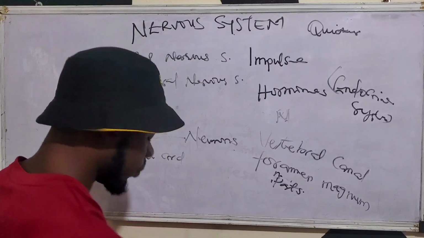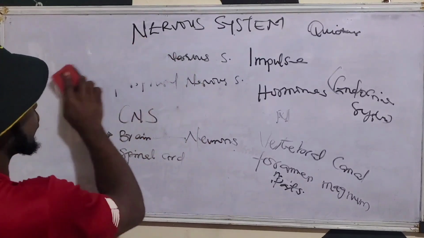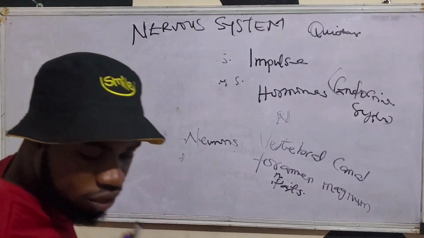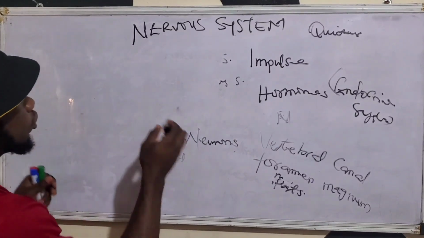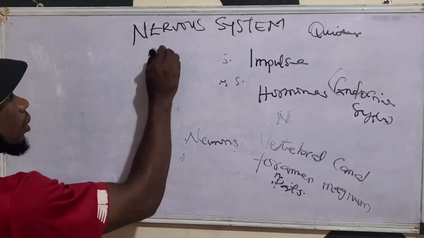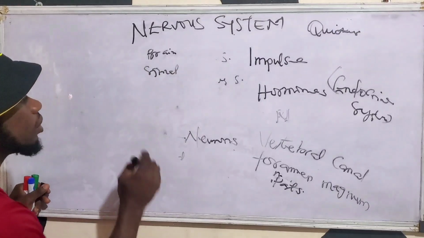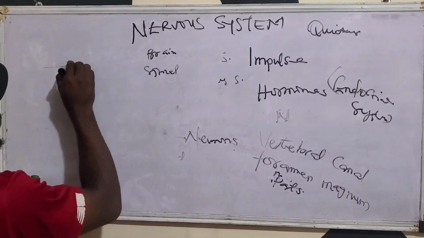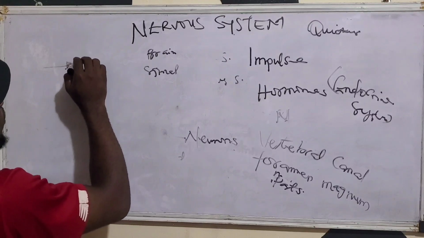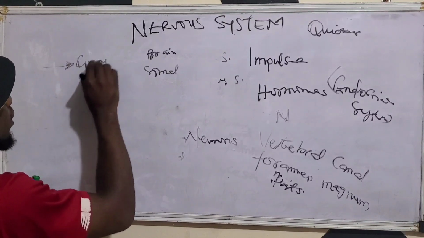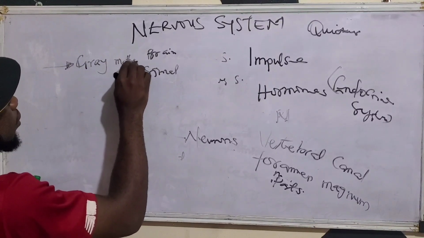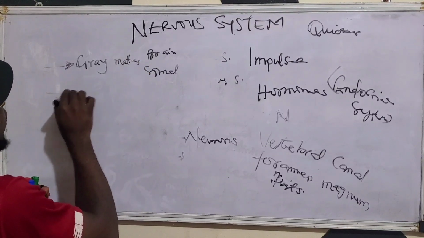Now the structures of the brain and the spinal cord are arranged in two layers. Talk about the gray matter and the white matter.